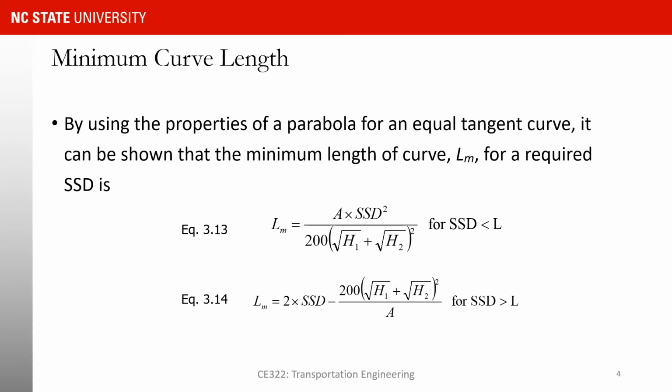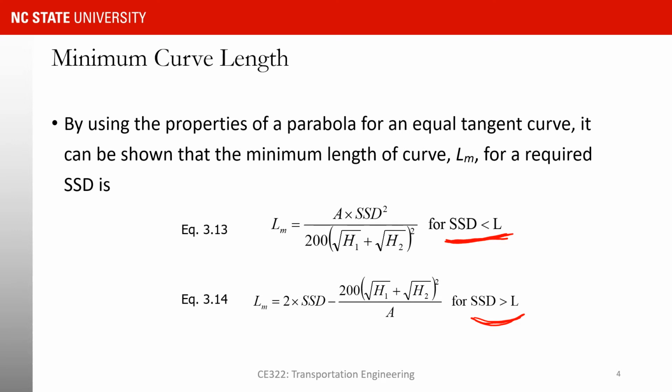The first equation, or equation 3-13, is for the conditions that length is more than the stopping sight distance. Equation 3-14 is for the conditions that length is less than the stopping sight distance.